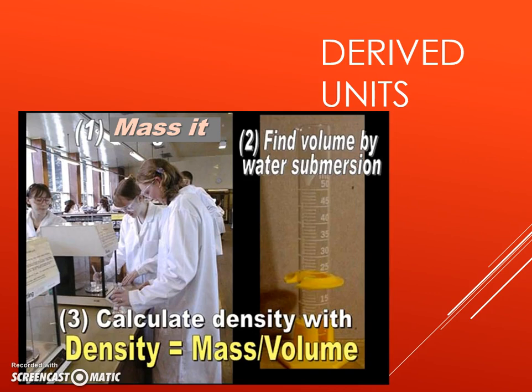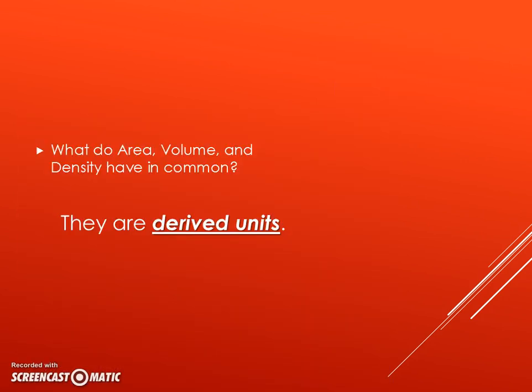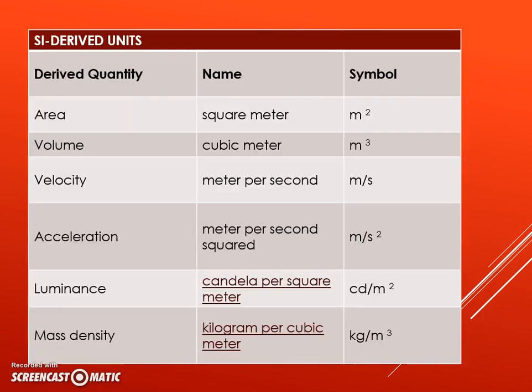And then density, if you remember right, we had to mass it, and then we had to find the volume by water displacement, and then we could divide those 2 measurements. So what do these 3 things, area, volume, and density, have all in common? They are derived. We had to use some type of a mathematical operation to come up with those units.